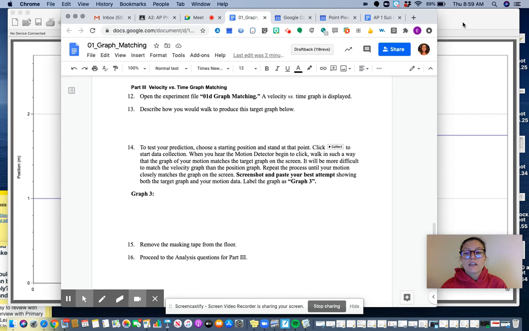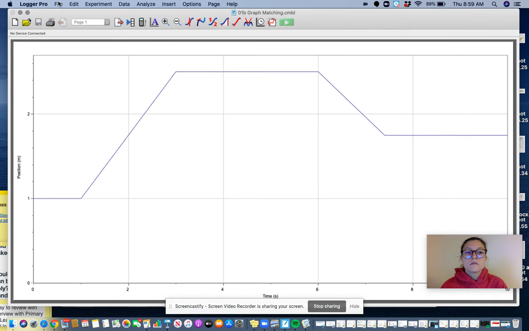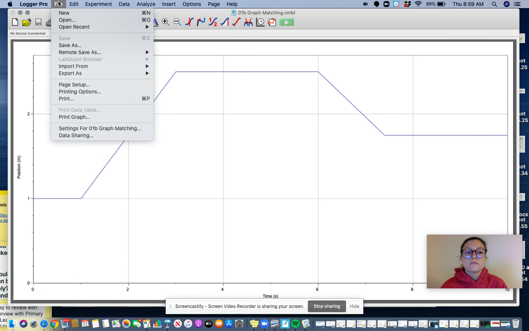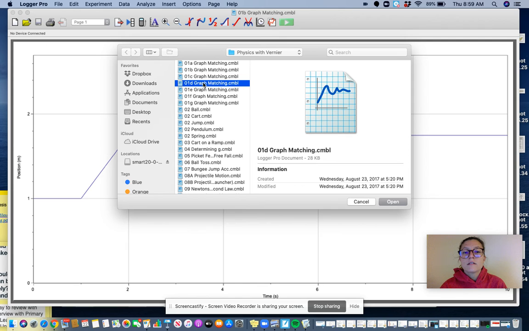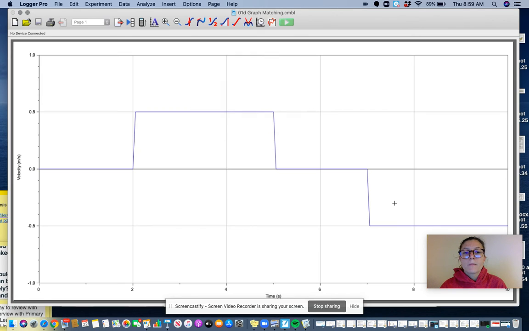So we're going to go to Logger Pro. We're going to go to File, Open, and we're going to select O1D match graphing, and we're going to click Open.